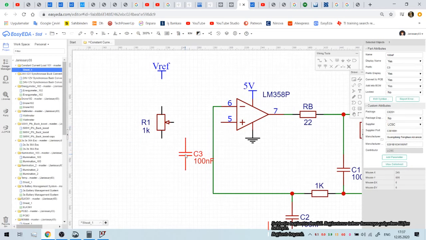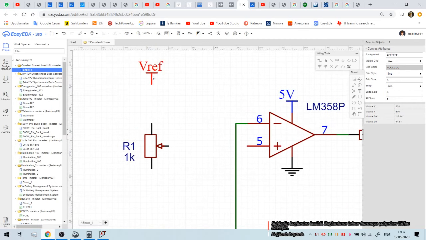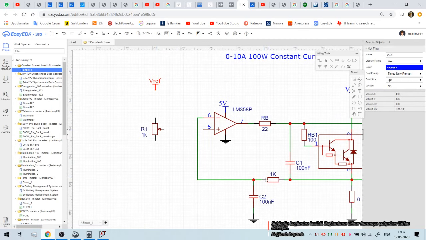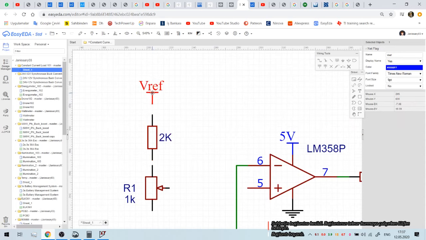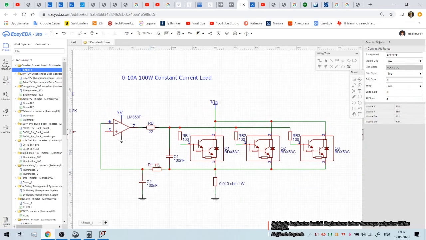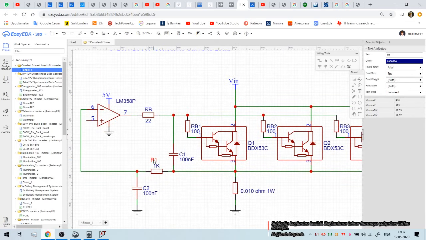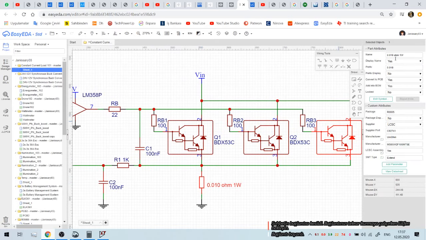Yes, don't use it firstly. We need some more resistors here. Yes, I can say it is R1, R shunt.